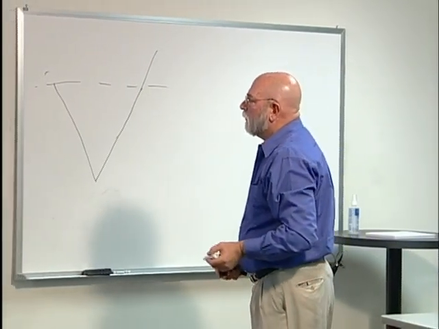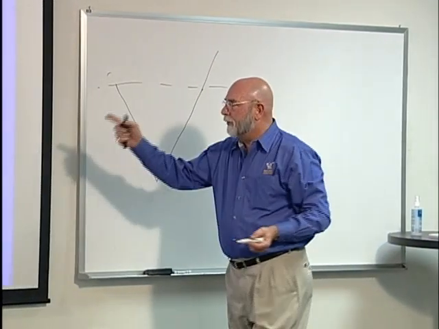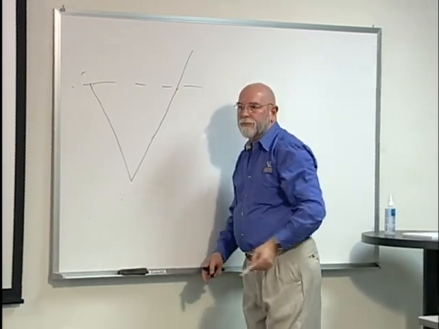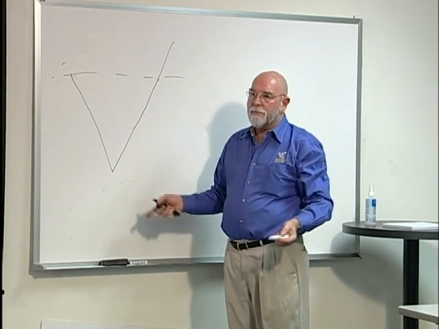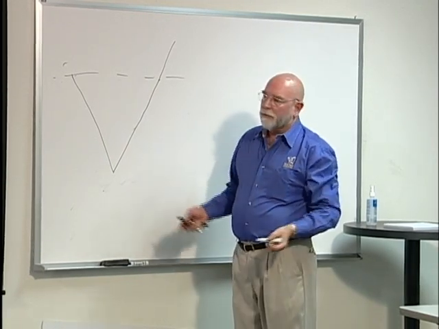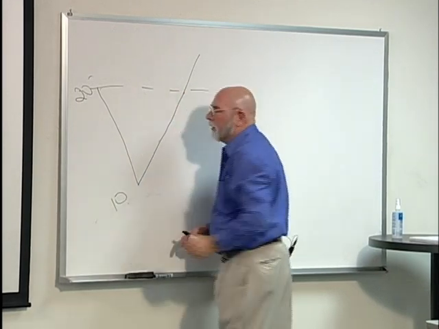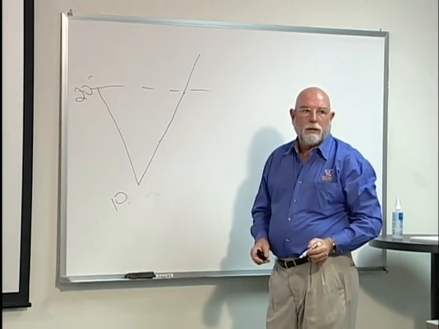Okay, so how do we do that? Well, we get our cycle distance, okay, which is the move from here to here, and we multiply it by 1.27. Let's make it easy. This is 20, this is 10. We have a cycle distance of 10.